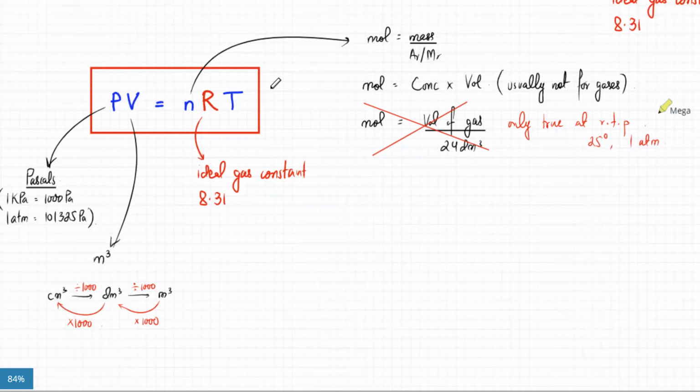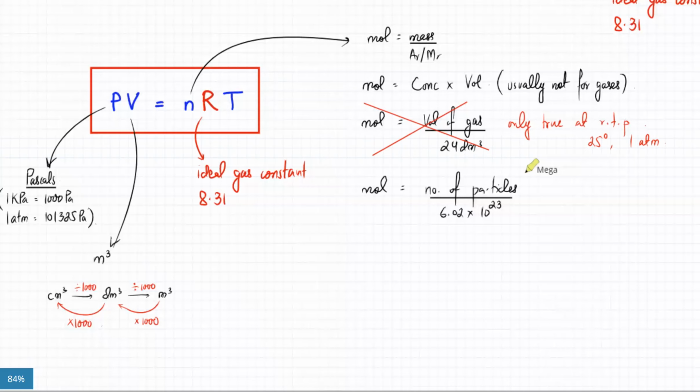And what's the last formula for moles that you usually use? If you know the number of particles of a gas, you divide it by the Avogadro's constant, which is 6.02 times 10 raised to the power 23. So that's another moles formula that you're going to use.